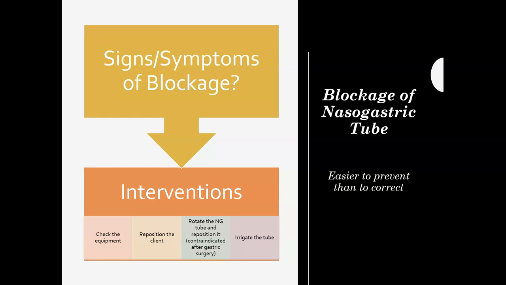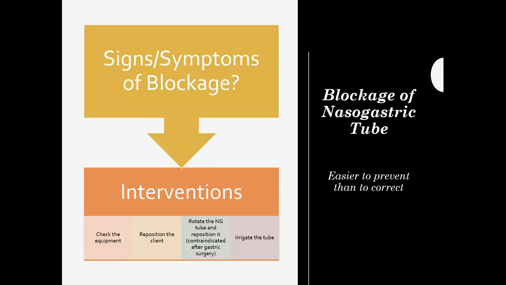Okay, so one complication of having an NG tube is becoming blocked. It's easier to prevent this than to correct it, so we'll talk about that. But if we do suspect a blockage, so maybe if they've been doing fine, maybe some of their distension was relieved, some of their discomfort was relieved, but then all of a sudden it comes back.